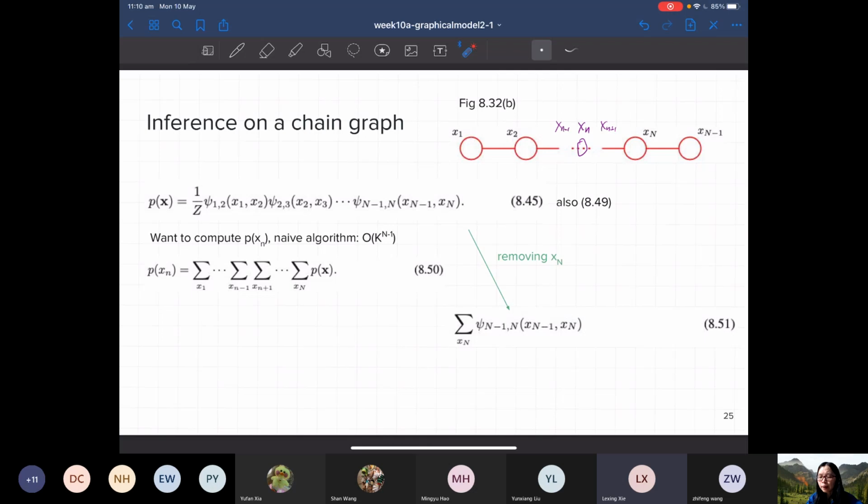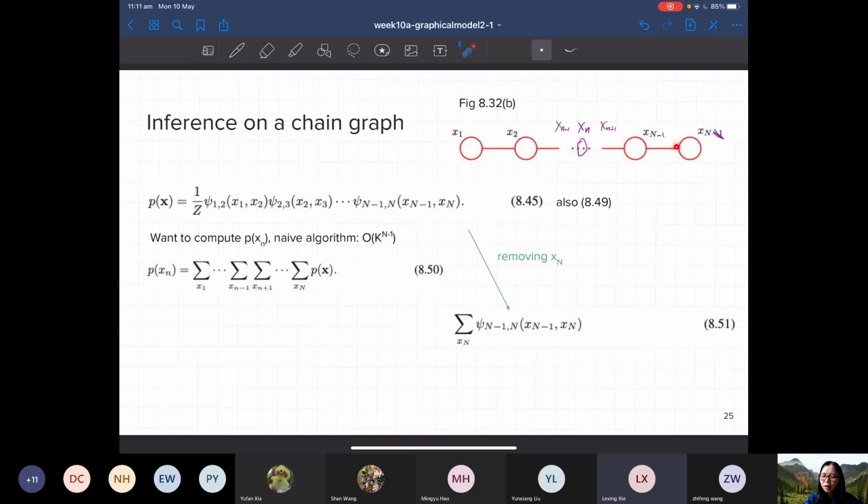We notice that, for example, if we want the marginal of this node in the middle, we don't need the last node. There is a typo, I think. Xn should be at the end. So what if, instead of marginalizing x big N in this big joint, we pick it out?